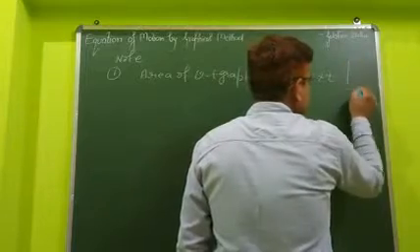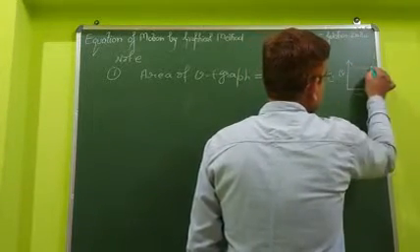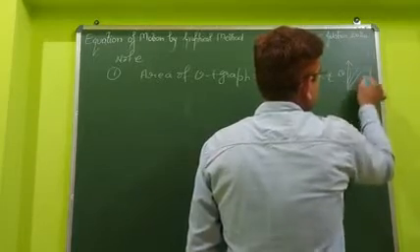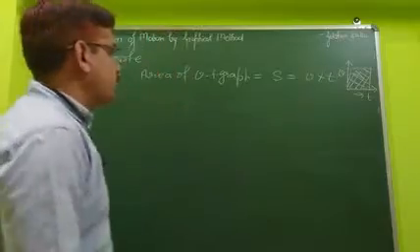So this is V into T, इन दोनों को क्या करते हैं, मल्टीप्लाई करते हैं, वेलोसिटी और टाइम को मल्टीप्लाई करते हैं. So this is how to find the distance. S is equal to V into T.